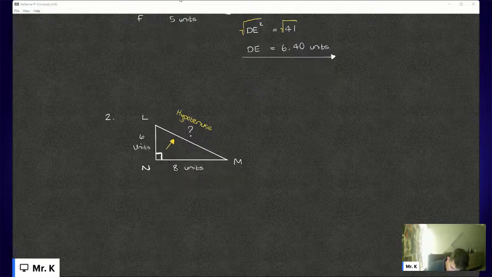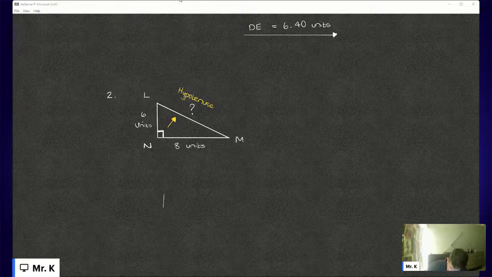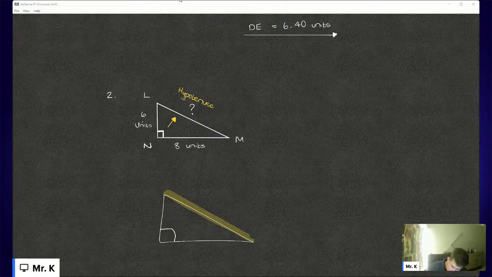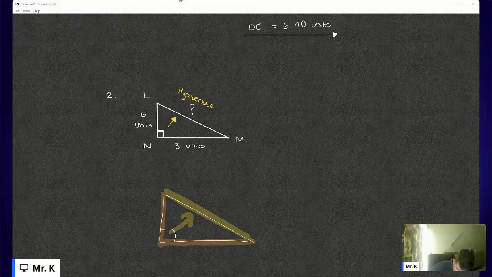So again, guys, very quickly, think about a triangle. Here's my right angle triangle. We know that the longest side over here, the hypotenuse, is always going to be the shorter sides added together, right? So what does that tell us?